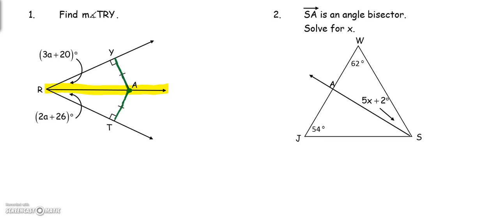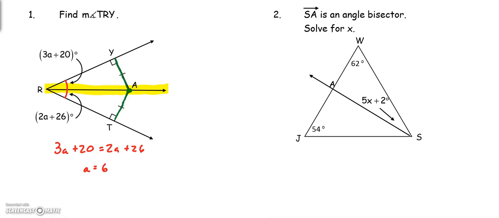Now that we know that ray AR is an angle bisector, our two angles are congruent to each other. So we have 3A plus 20 is equal to 2A plus 26, so I can solve for A by getting my variable on one side and my constant on the other. So I have A is equal to 6.